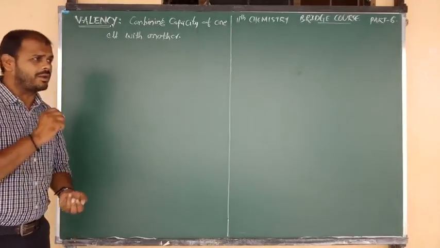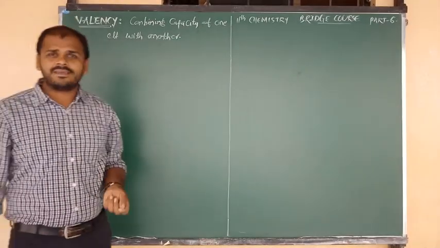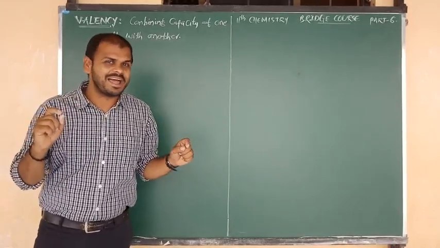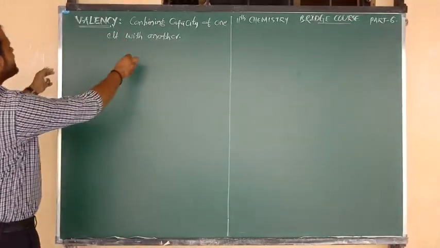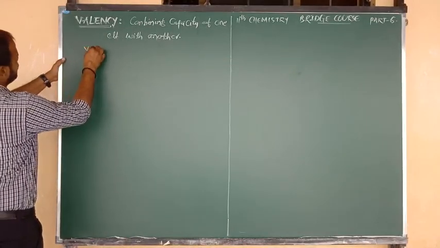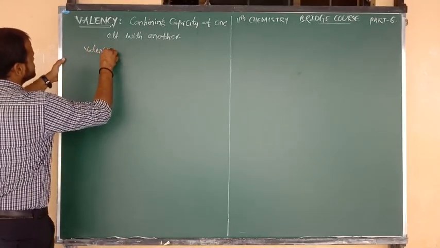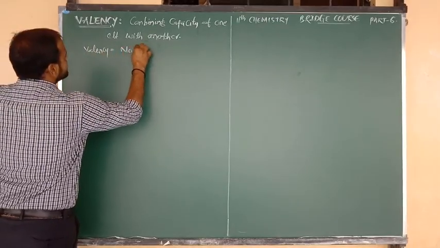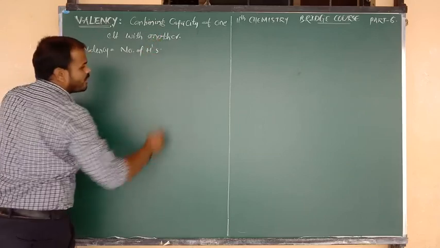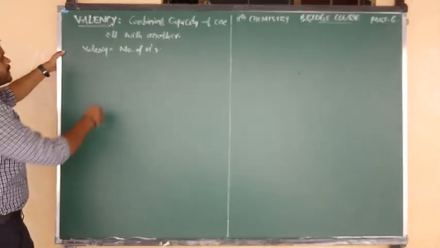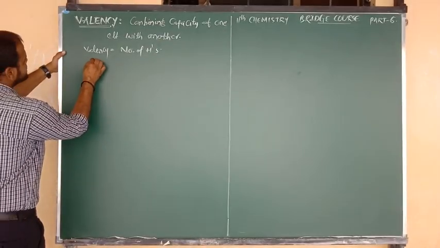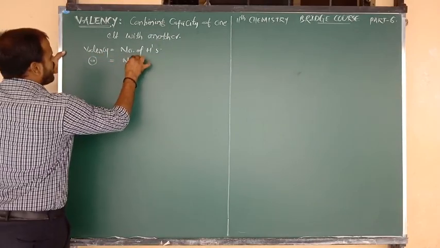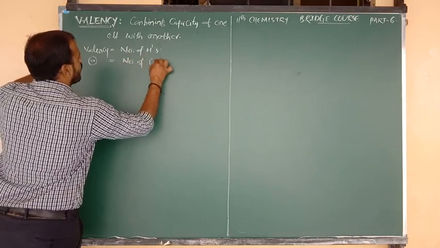To calculate valency, we have some short formulas. To find valency, one short formula is: valency equals the number of hydrogen atoms. Another formula: valency equals the number of chlorine atoms.